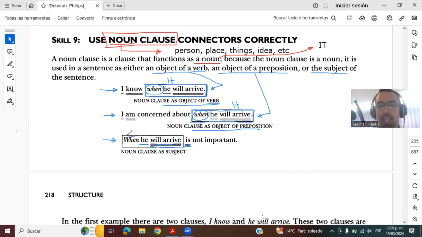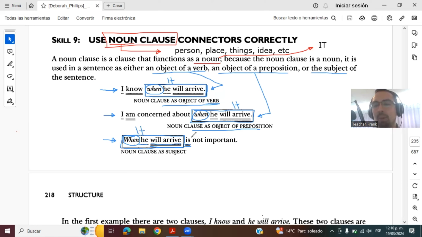And look at this. The connector is in the beginning, so there is supposed to be a comma that separates, right? According to what we saw in skill 7 and 8. But this is different because this is a noun clause, right? When he will arrive, again, like in example number 1 and in example number 2, can be summarized into it.